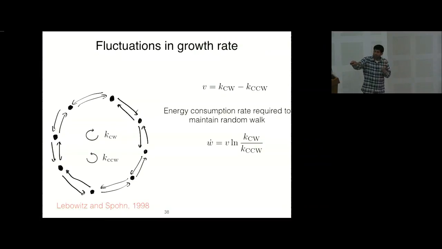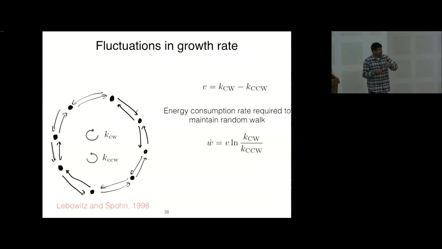This is exactly the formula that I had before with kAB, kBC, and everything. Right now, I just have these two rates, so it gets simplified, and this is my total energy consumption rate for the system. I should put angle brackets here. This is the average energy consumption rate.